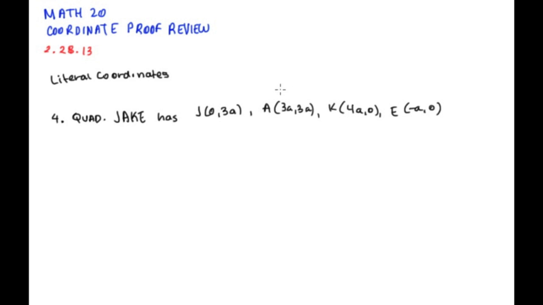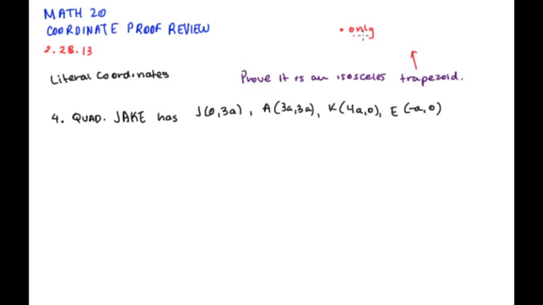Prove it is an isosceles trapezoid. Well, what do we know about isosceles trapezoids? Well, first of all, a trapezoid has only one pair of parallel sides, right?